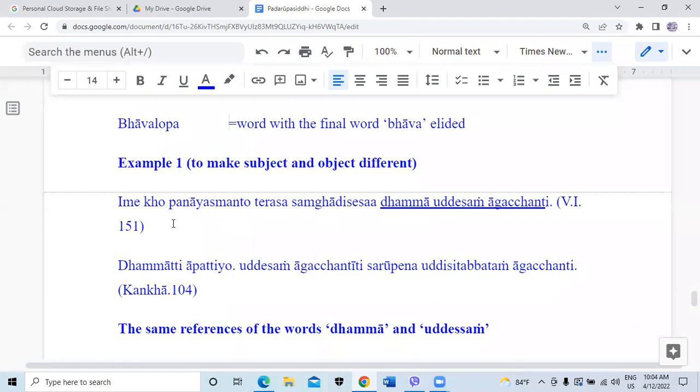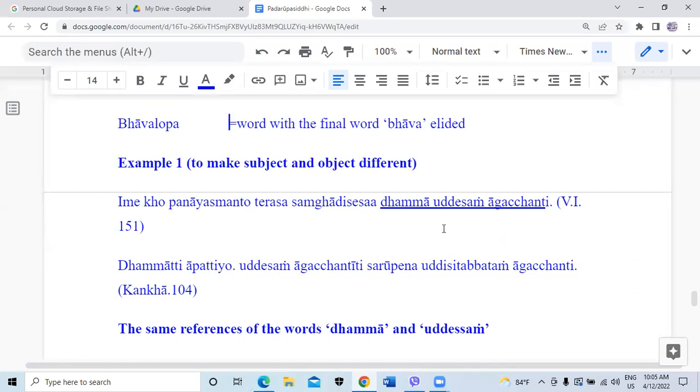Imiko panaya samanto is a little difficult. Imiko panaya samanto terasa sangadise sa dhamma uddesan agachanti. To understand this, we need to remember adipasives and vikahas.